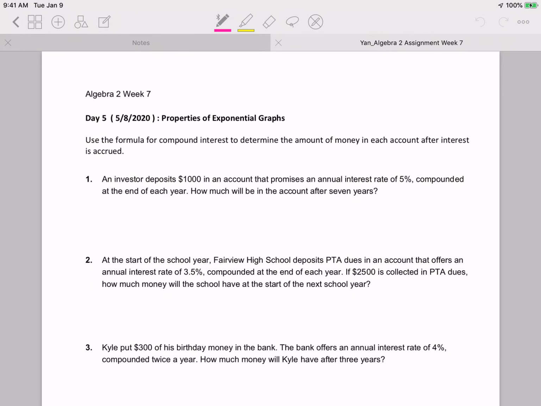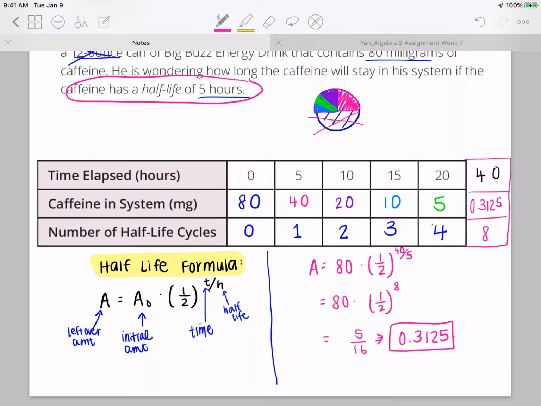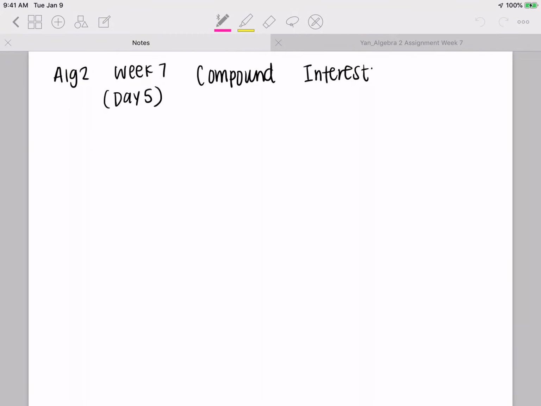Let's go into day 5. So day 5 is compound interest. This is actually another section already. They talk about compound interest and something called compounded continuously.